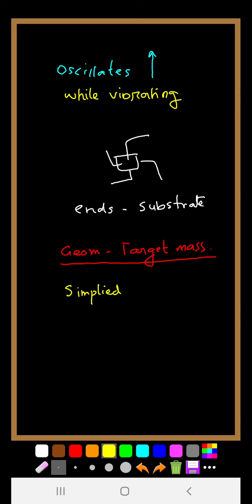The mass is assumed to be a sphere, and it is partially attached to the device.